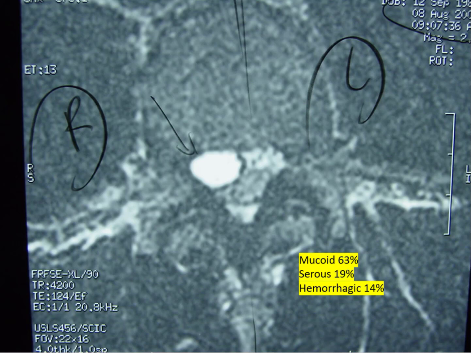So whether it's mucoid because there's relatively less water content, or serous because there's relatively more, or it's hemorrhagic because someone was powerlifting and they had a little bleed that got into the synovium and they bled into this cyst. I don't think that stratification really matters, it's all synovial fluid, basically, right?